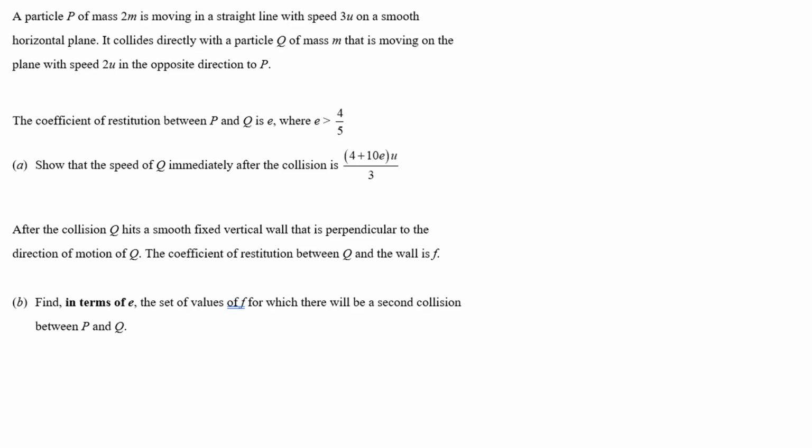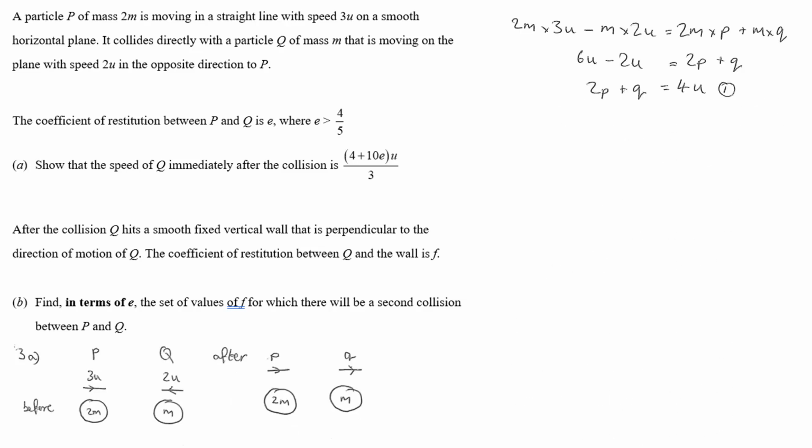Right, this question, I did the diagram for it, and the before and the after, and the coefficient of restitution is E, and we are asked to show that the speed of Q immediately after the collision is that. So what have I done there? I've done the conservation of momentum equation. I simplified it and I got that 2p plus q equals 4u.